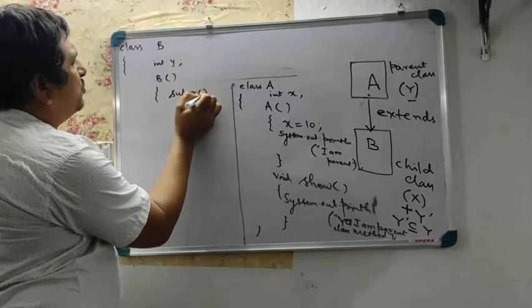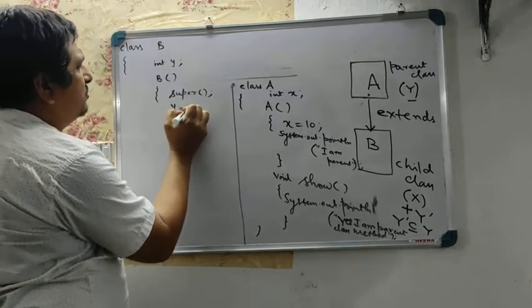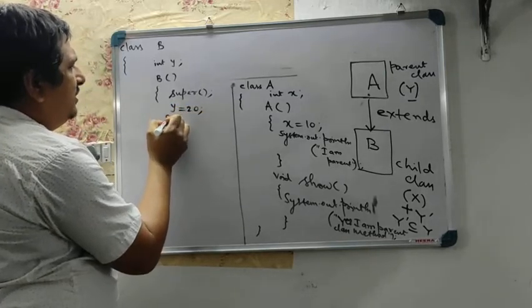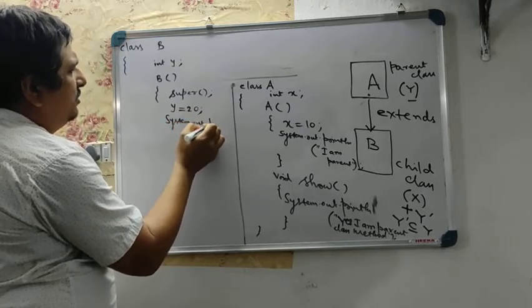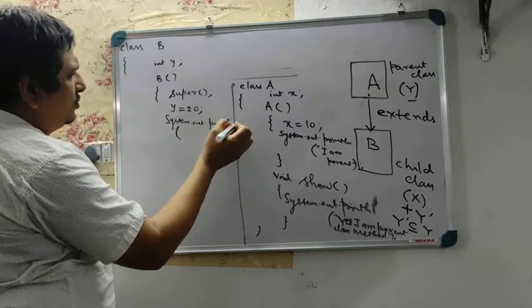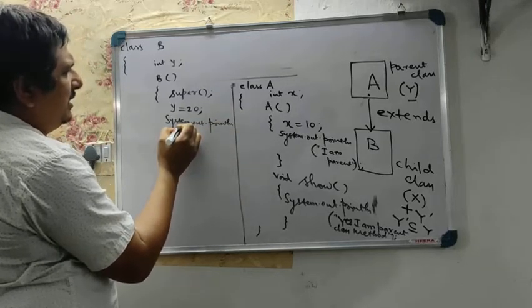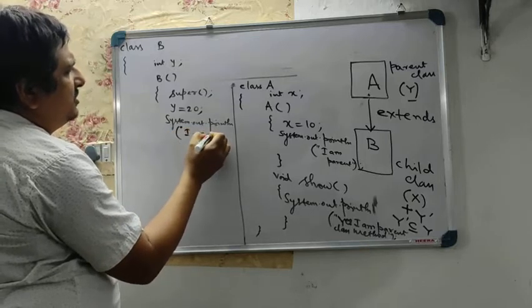I am writing super, and then y equals 20, and then system.out.println. There is no space here, that's why I am writing like this. "I am child."